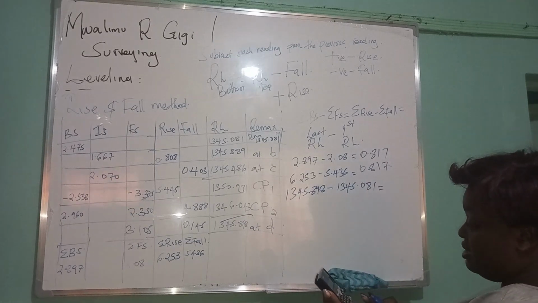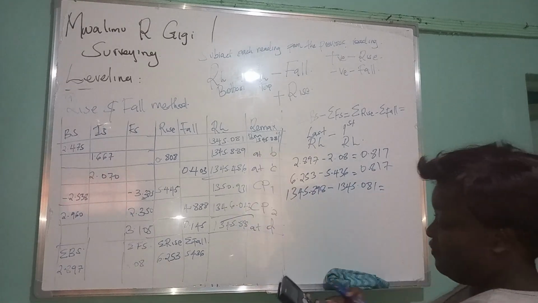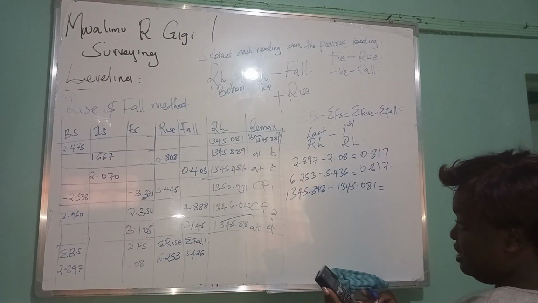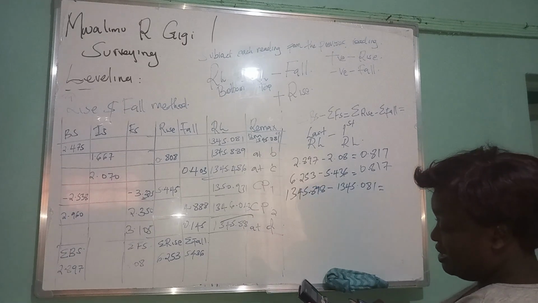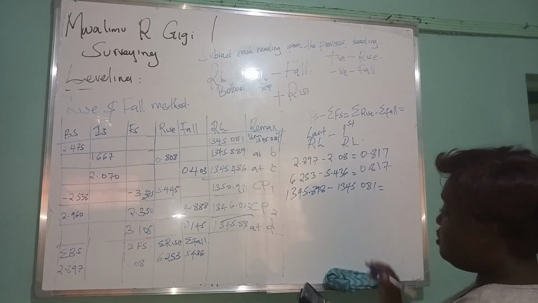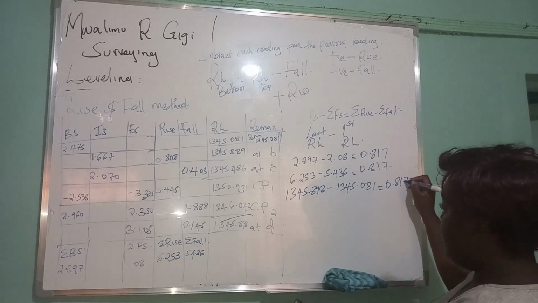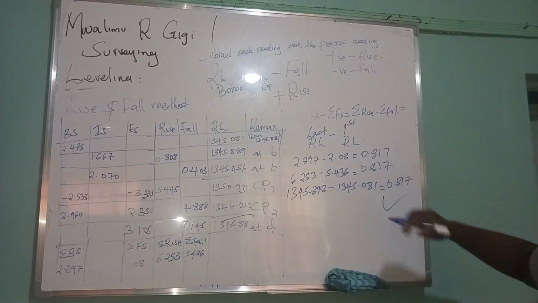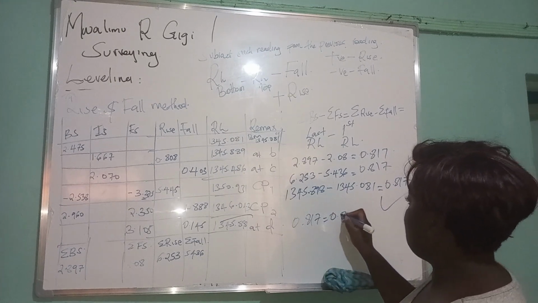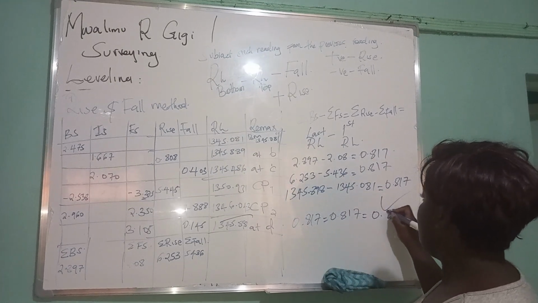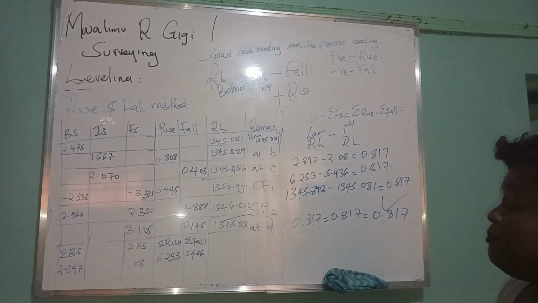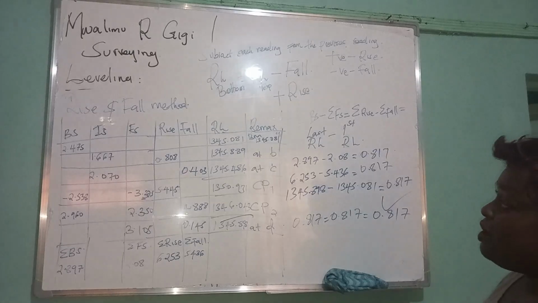Then lastly is the last reduced reading minus the first reduced reading, which is 1345.898 minus 1345.081, which is 0.817. So 0.817 is equal to 0.817 is equal to 0.817. So meaning we have done our reduced level correctly.